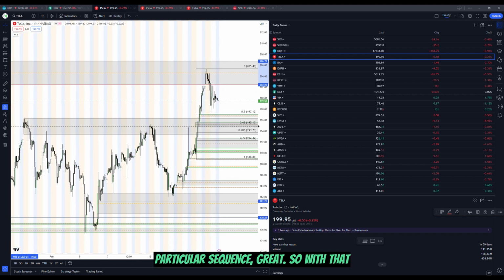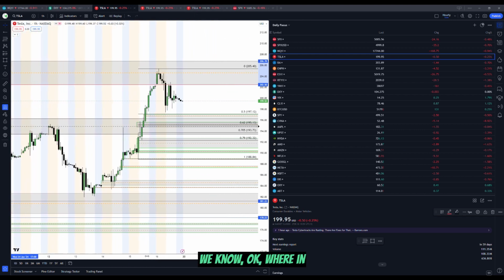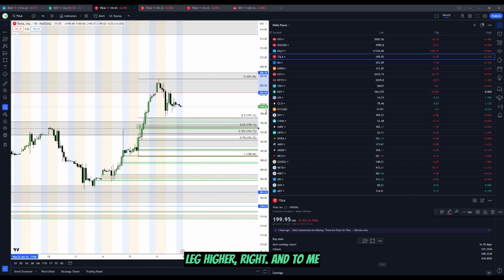Great. So with that, we know, okay, where in discount do we have an imbalance that we can look towards to see if it would make sense, right? So I'm looking through and I see we do have multiple imbalances down here in discount, but what would make the most sense to me in this situation, what would be the best risk reward, what would be the cleanest, if you want to call it that, for the next leg higher, right?